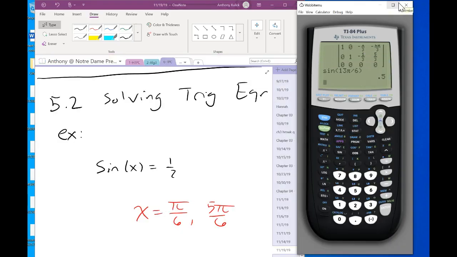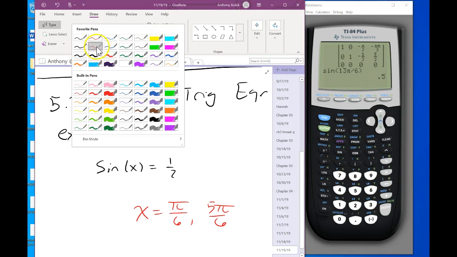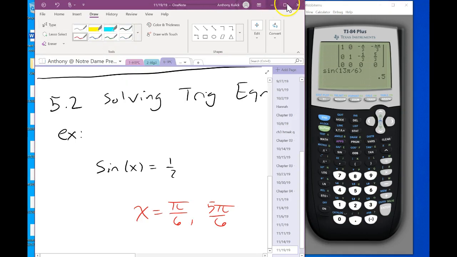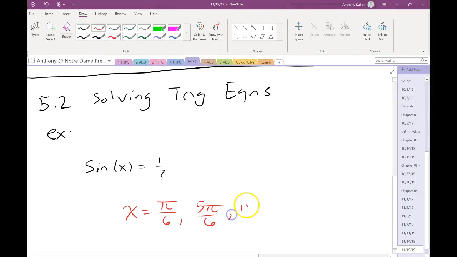So is that it? Are those 3 then the only answers? No. What's another answer? 17 pi over 6. How'd you get that, Zach? You added 4?